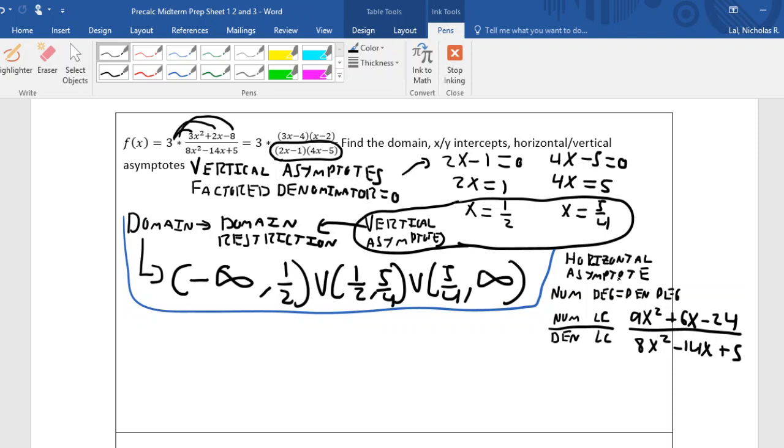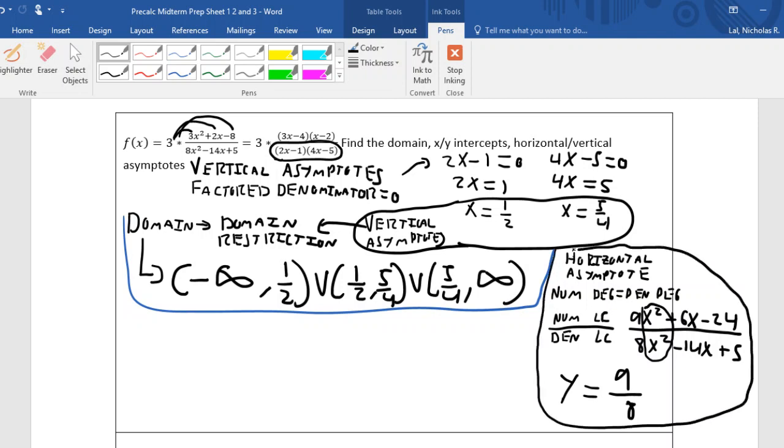So we just distributed that 3. Our horizontal asymptote is y equals the numerator leading coefficient, 9, over the denominator leading coefficient, 8, because both the numerator and denominator are degree 2 polynomials, with the highest exponent being 2 for x squared. So our horizontal asymptote is y equals 9/8.